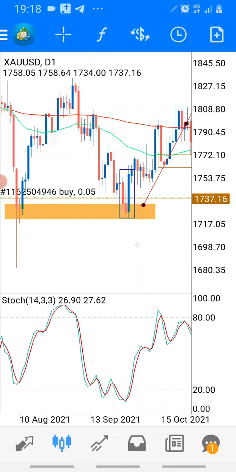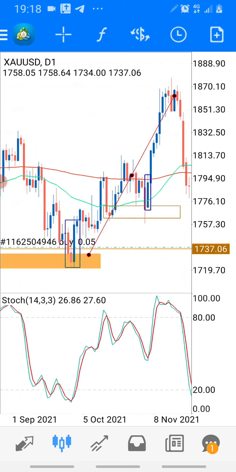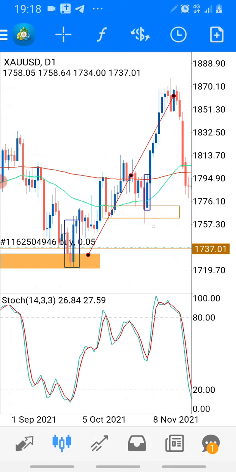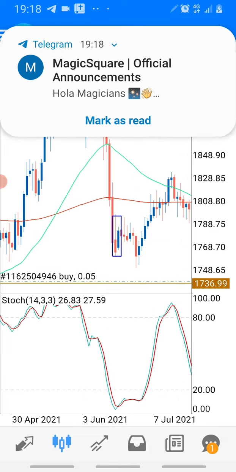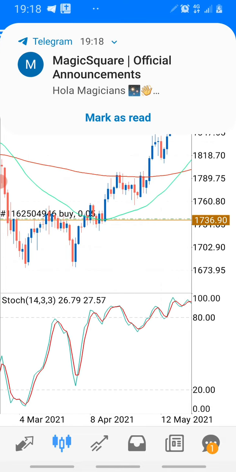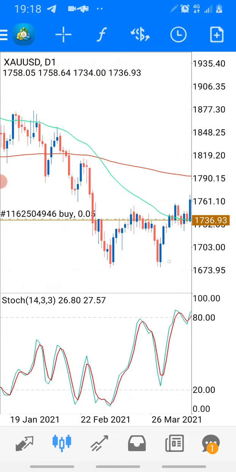When the engulfing candle forms, you will know that the market is about to reverse, and you take advantage of the market. You can see a whole lot of move there. So let's go there.